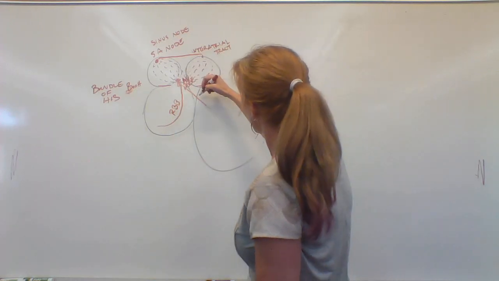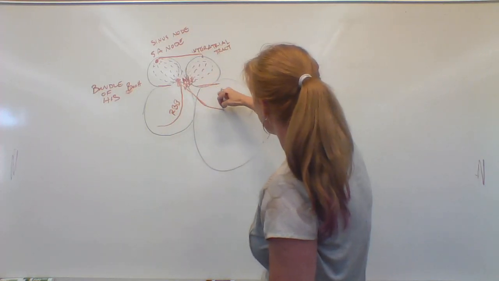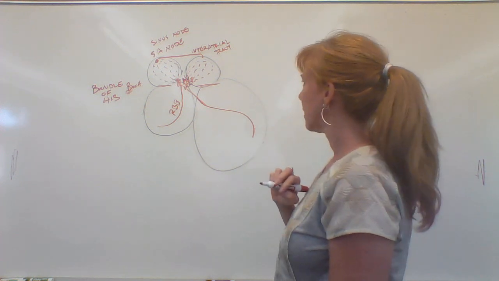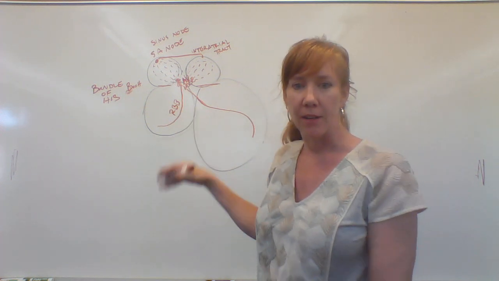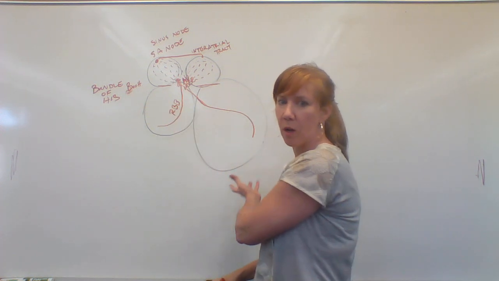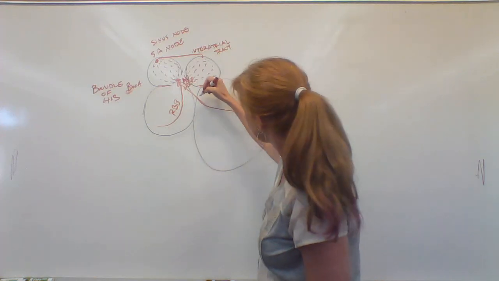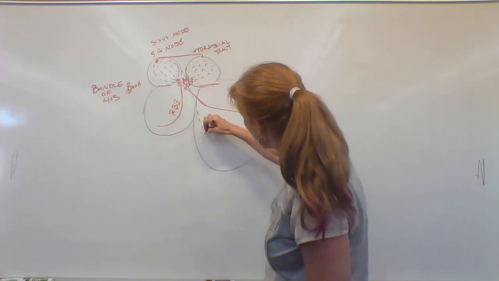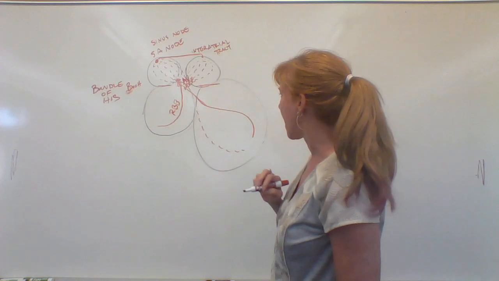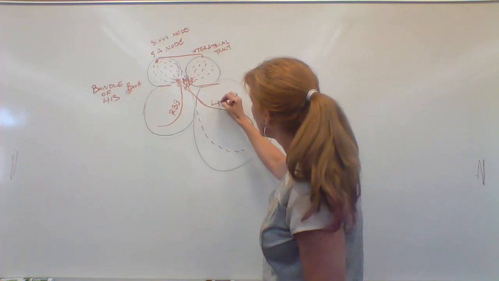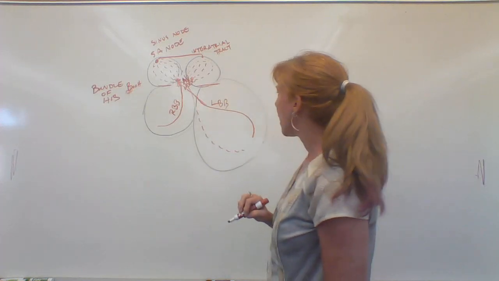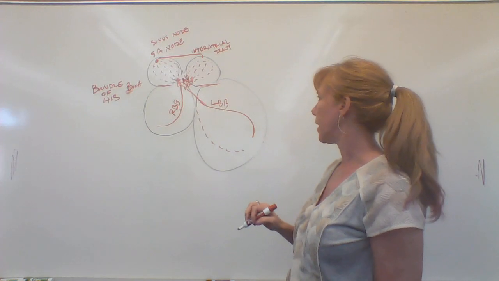All right, so we got one fascicle coming high in the front, and then I'm going to make a dotted line to represent that you can't see it, but there's one going low in the back, okay? So this one is going low in the back. So these are the two fascicles of the left bundle branch.